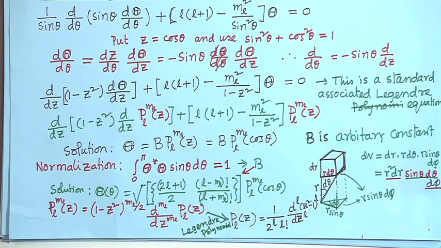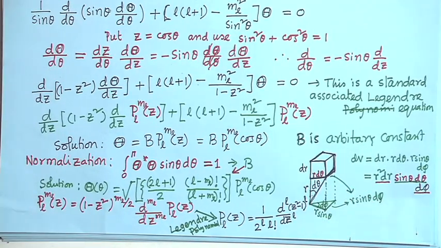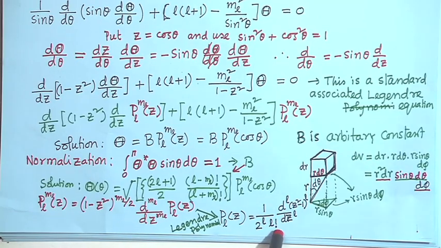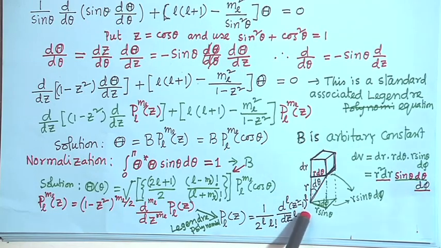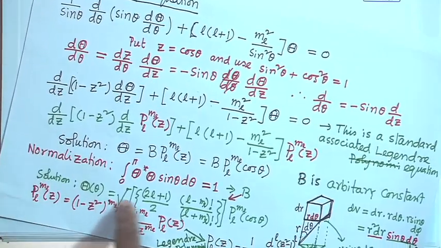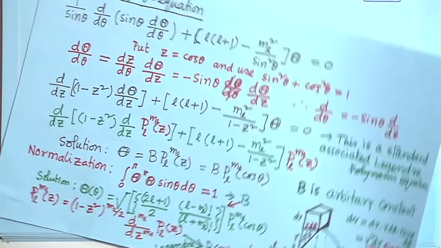In general we will not discuss the detailed form, but we will take some particular values of ML and L and discuss some physics out of that. The form of the Legendre polynomial is 1 by 2 to the power L factorial L, d L by dz L of (z squared minus 1) to the power L. This is the solution of the theta equation.